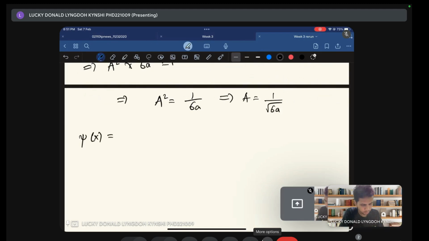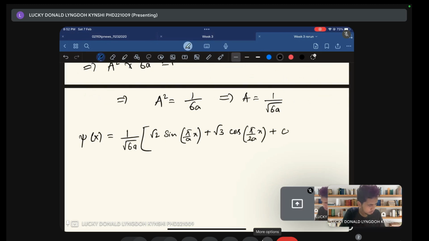Instead of a, you can replace 1 by root over 6a, and inside the bracket will be root 2 sine pi by a x plus root 3 cos pi by 2a x plus cos 3 pi by a x.